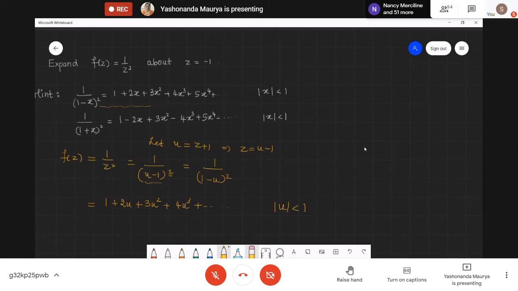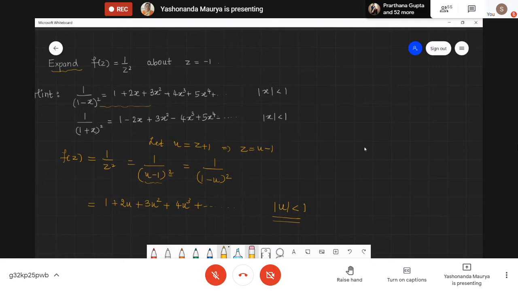Now in this question, they are not asking for the Taylor series, they are saying expand. So we have to expand in all possible regions. One region we got here. Similarly, we need to obtain the expansion in the other region also. So how do we decide all those things?